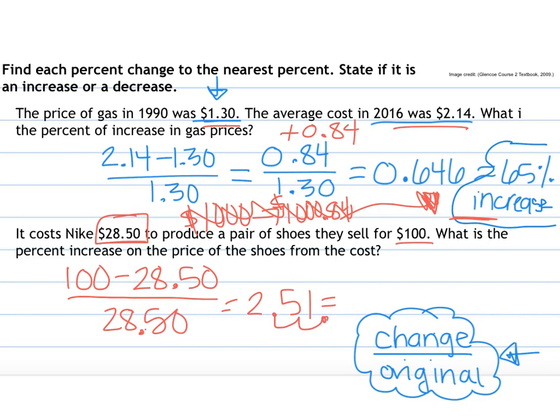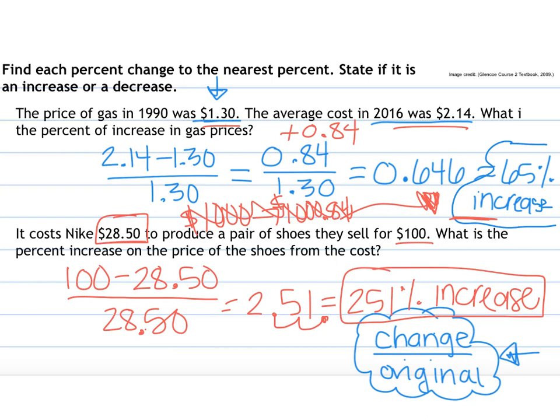So now I have to go over 2, so it's a 251% increase. 251% because it doubled, and then it almost doubled again. It didn't quite double again, but it went up half of that again.